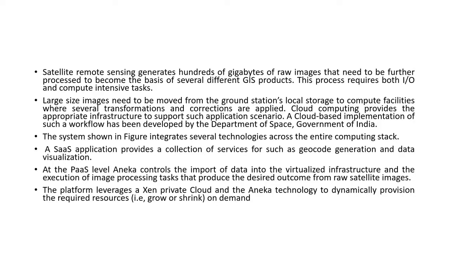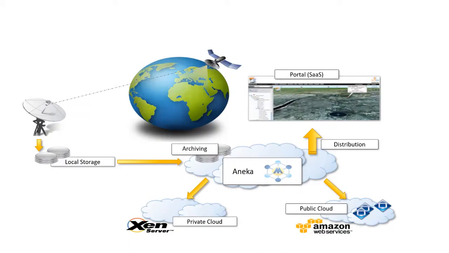Large size images need to be moved from the ground station local storage to compute facilities where several transformations and corrections are applied. Cloud computing provides the appropriate infrastructure to support such an application scenario. The figure shown in the slide integrates several technologies across the entire computing stack.